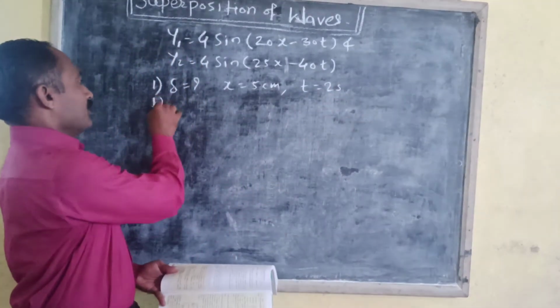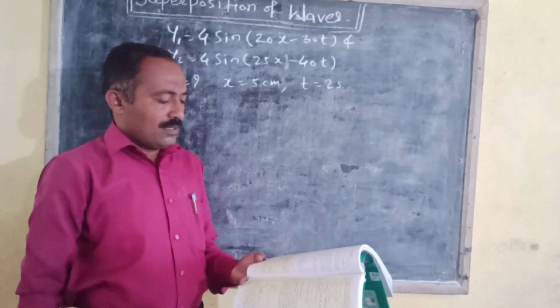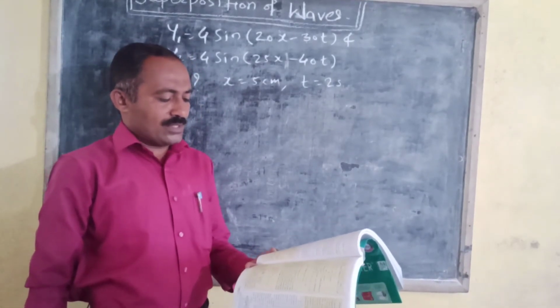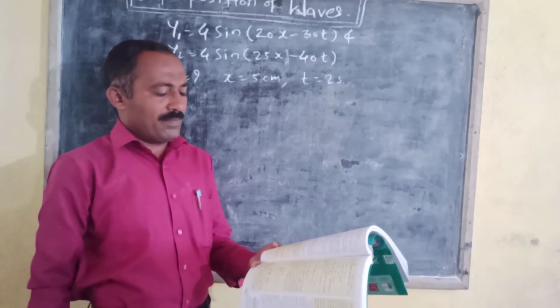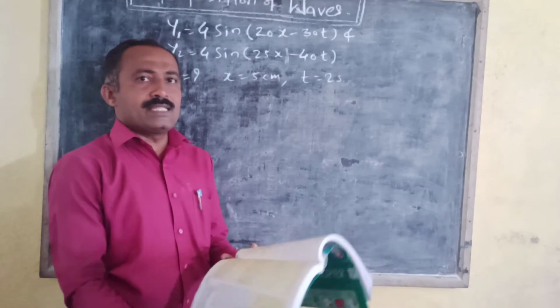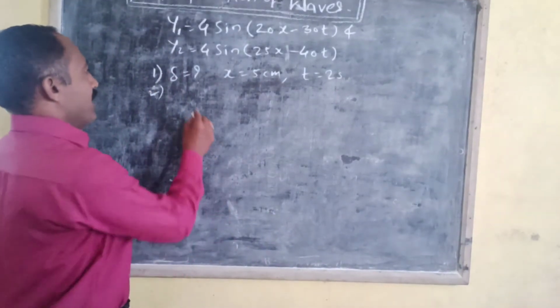Second, when these two waves interfere, we have to calculate the maximum and minimum values of the intensities, I max and I minimum.